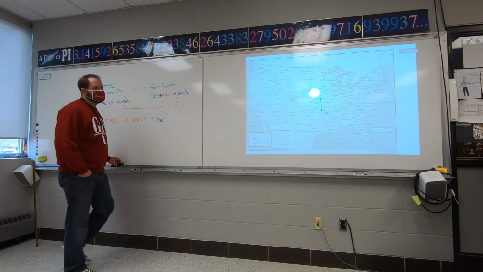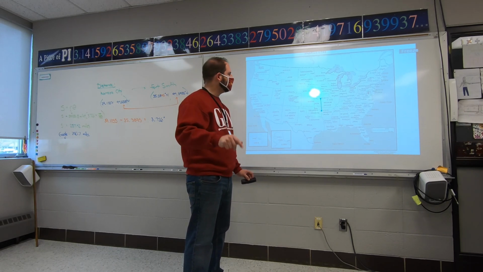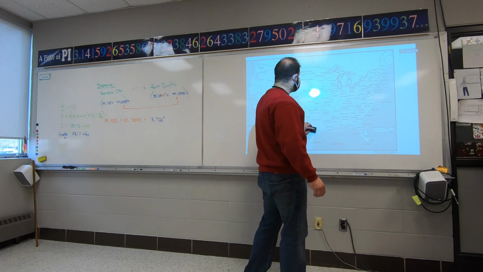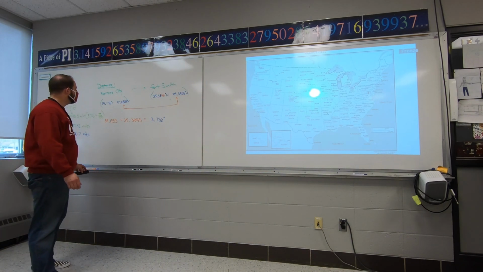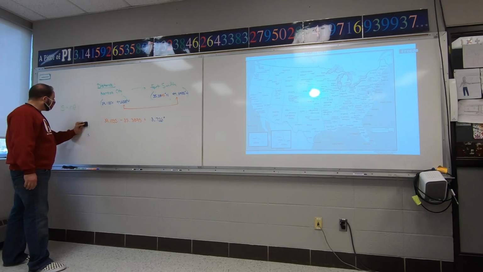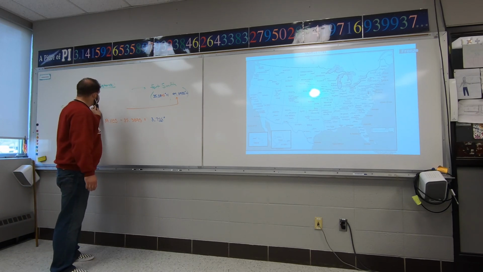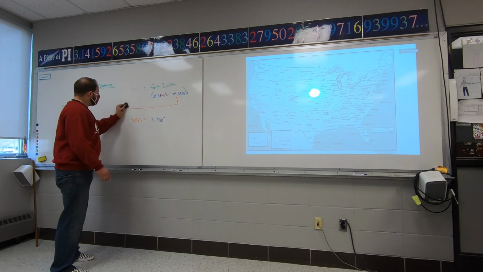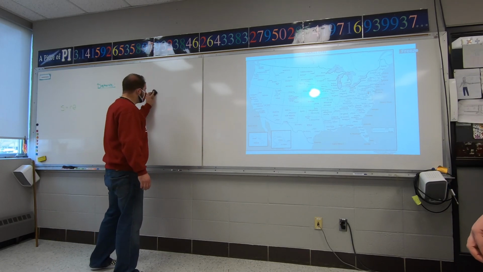So let's talk about our last example of the day, the last problem on your worksheet. You'll see why this is going to be very difficult and very different. You'll need your Chromebooks so we can research the different towns.